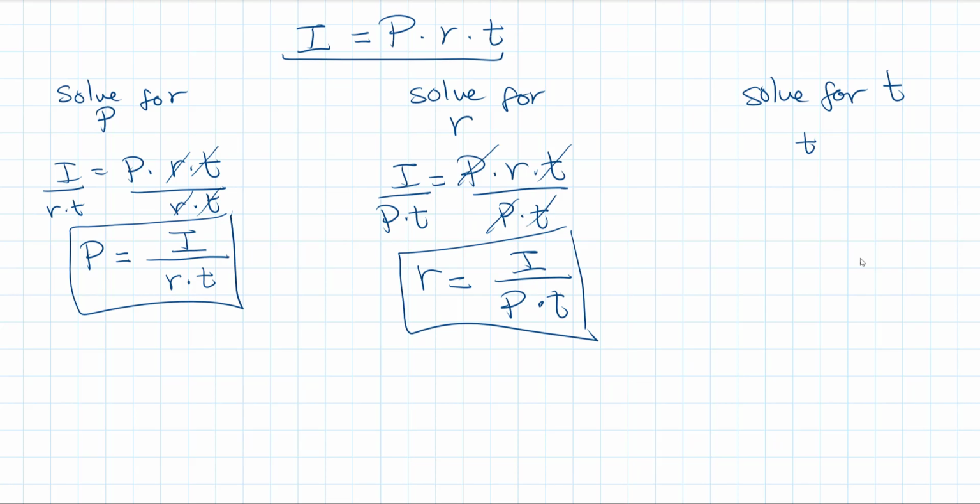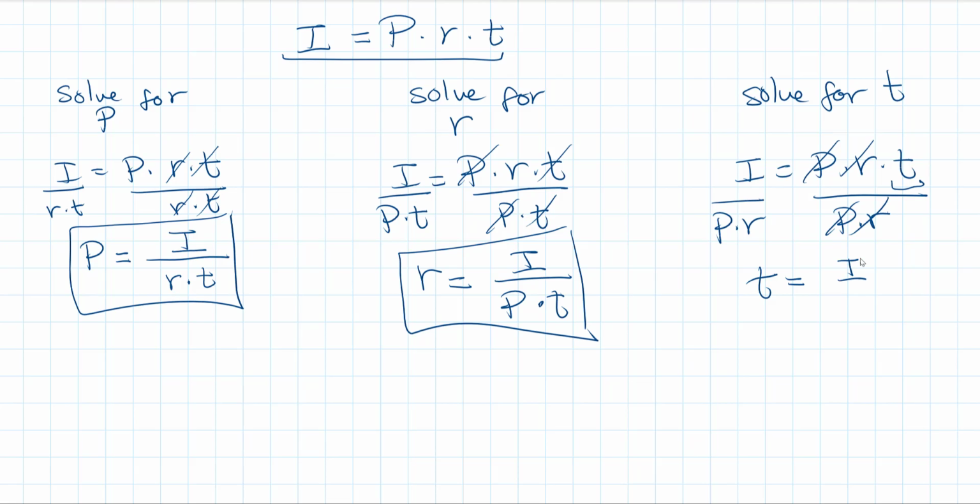Finally, we do the same thing for T, which I wrote here twice. So by doing that, we write again, I equals P times R times T. This time we're isolating T, so we will divide both sides of the equation by the principal and by the rate, so that we get, right, we get T equals I divided by P times R. So these are our three equations.